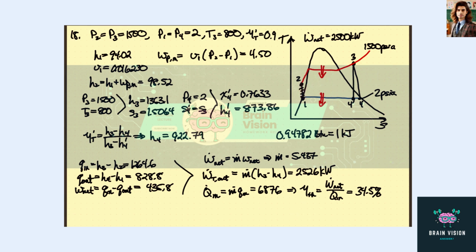Again, we have an isentropic pump, and so the power that the pump puts in is this amount, right? And so we can see that the net power is this amount, specific power anyway.